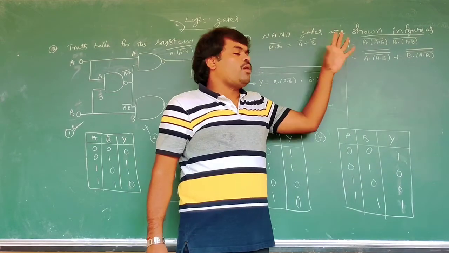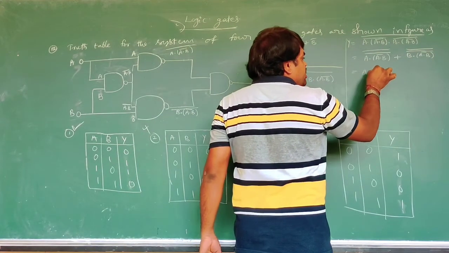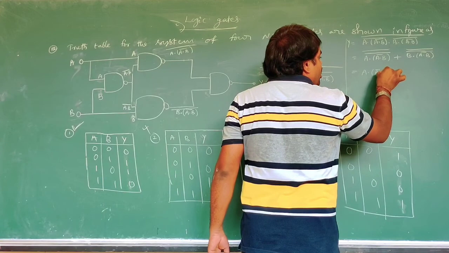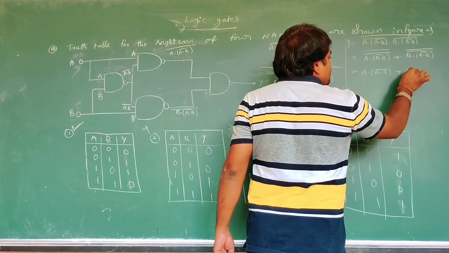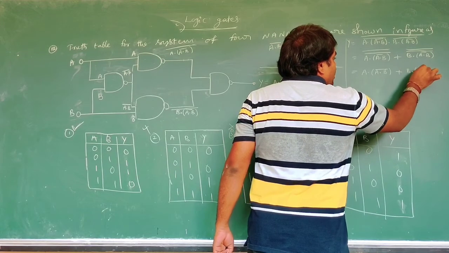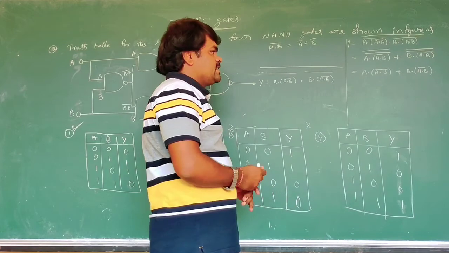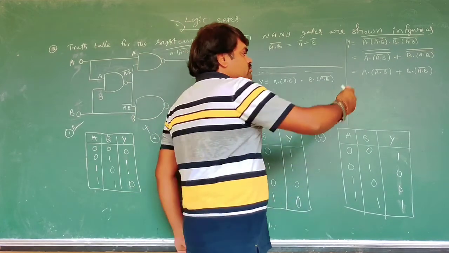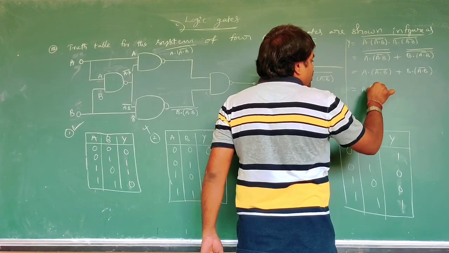Now complementary of complementary, it cancels, no? Then what you get? A dot A bar dot B bar. A dot B bar plus B dot A dot B bar. Now we got this. See, again same De Morgan's. That is what?